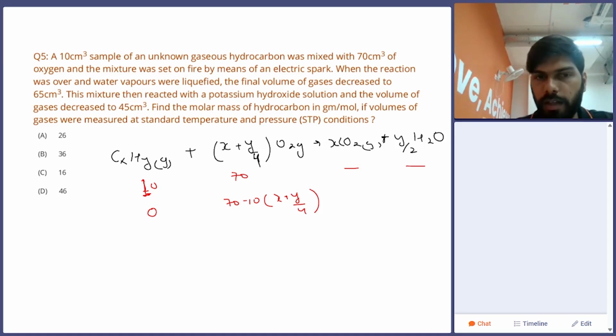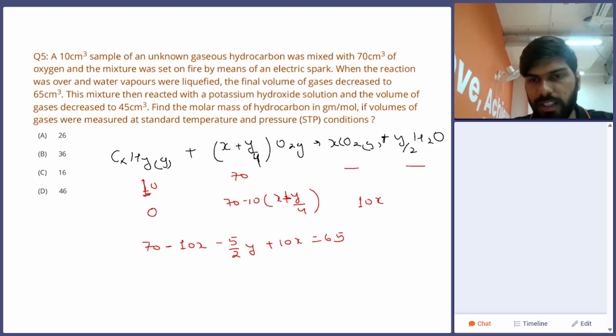Okay, and then equals, we will take here 10x. So when we solve, we will get 70 minus 10x minus 5/2 y plus 10x equals 65. Okay, because here water vapor will liquefy, the final volume of the gas decreased to 65 cm3.